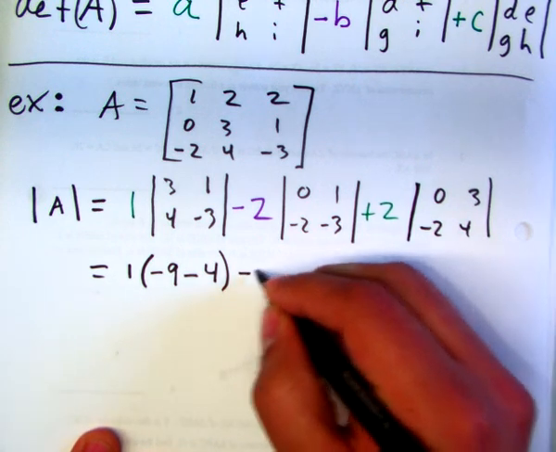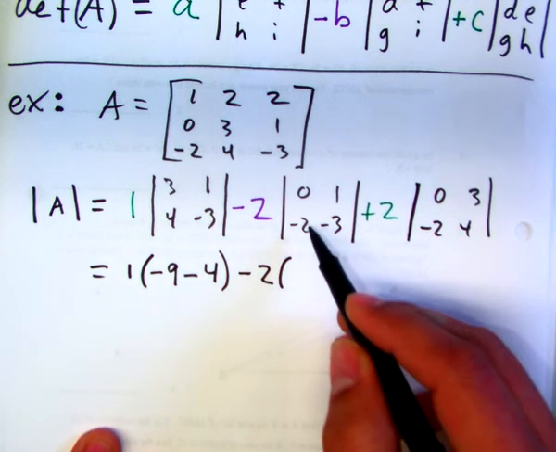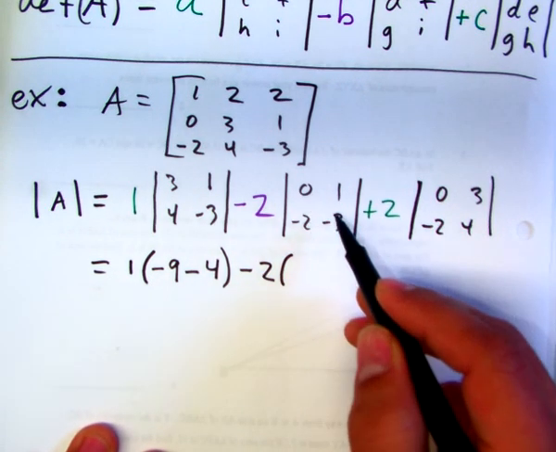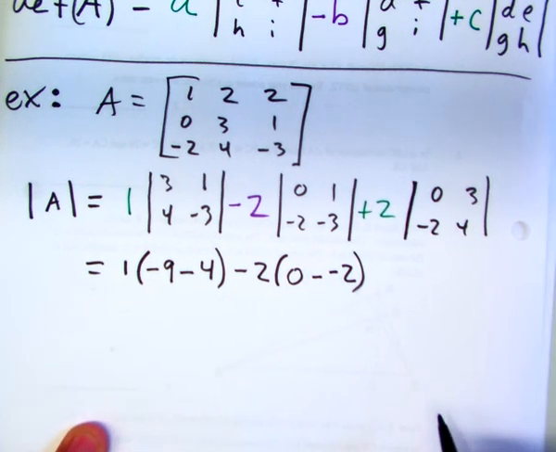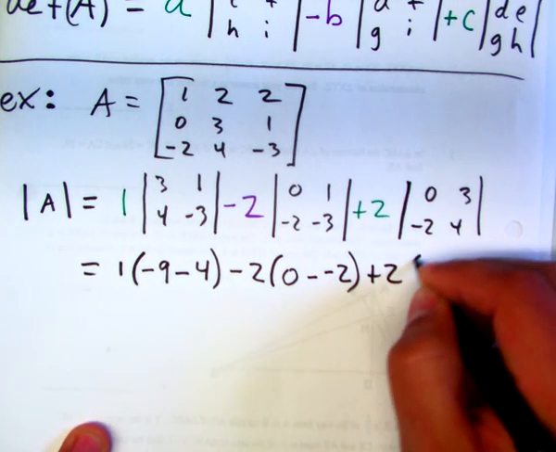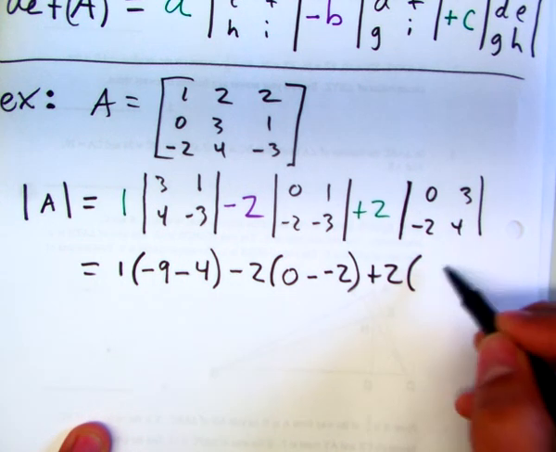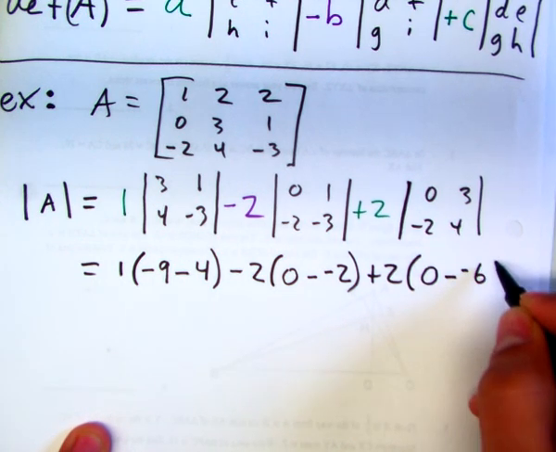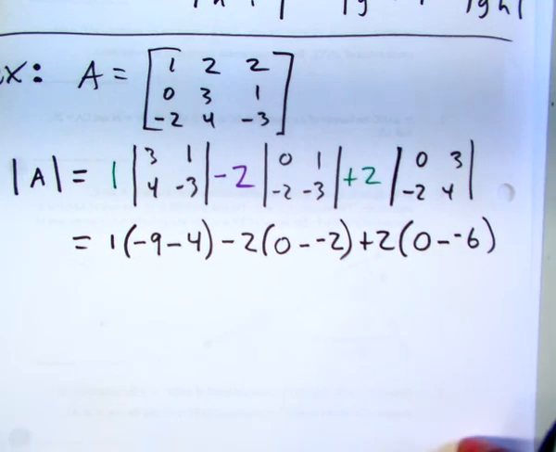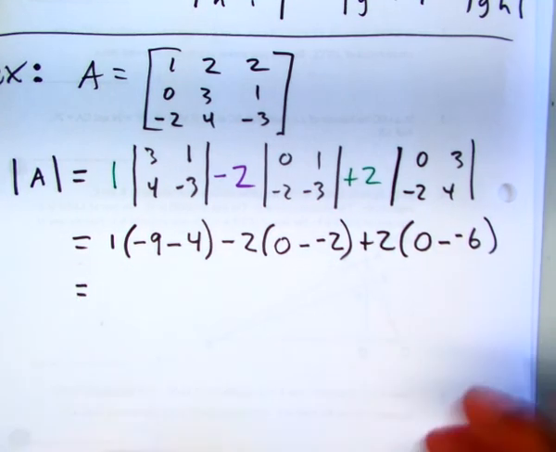Minus 2, and then what do I write here? 0 minus negative 2. Plus 2, and then here I get 0 minus negative 6. And now it's just order of operations.